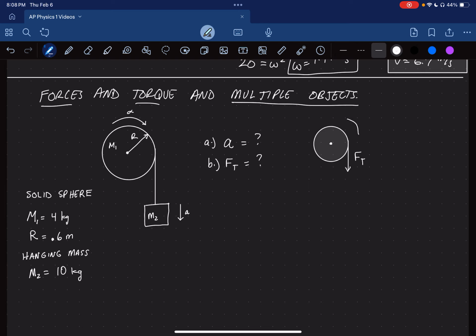It is angular accelerating that way. And let's draw a free body diagram for mass 2. I guess we can call this mass 1. Now it is accelerating downward, so I'm going to draw this arrow, which is m2g, a little bit longer than the tension force, which is Ft pulling up. Cool.